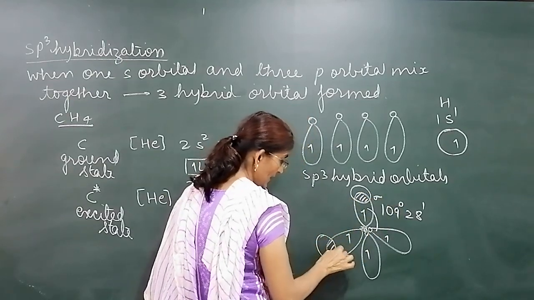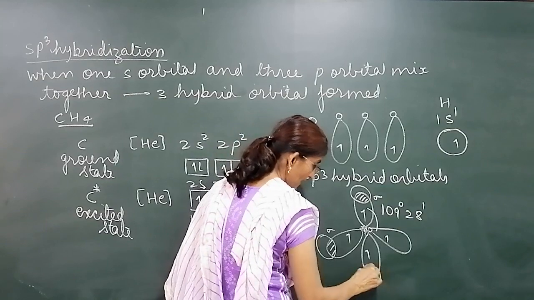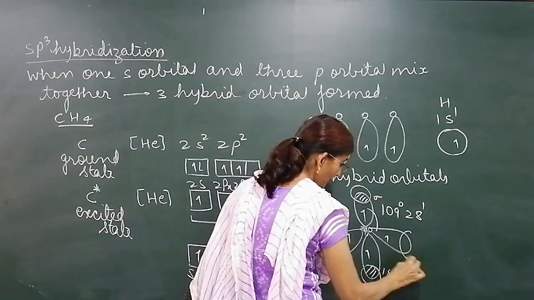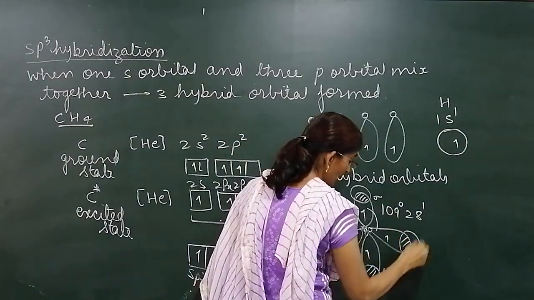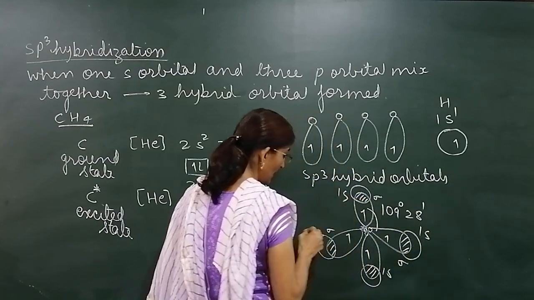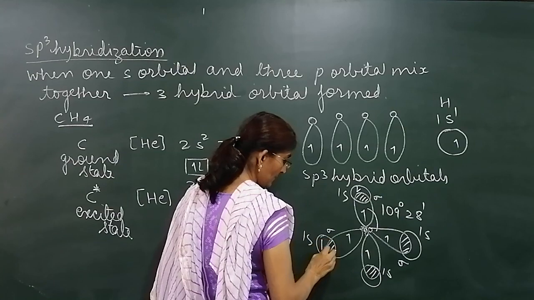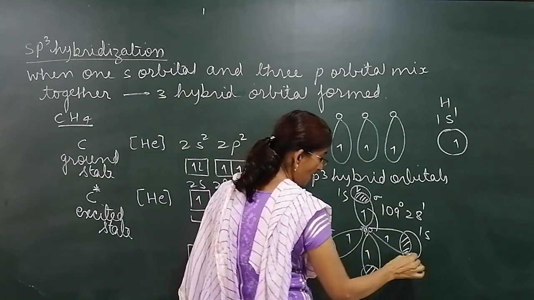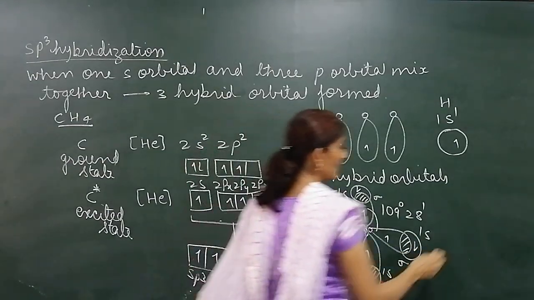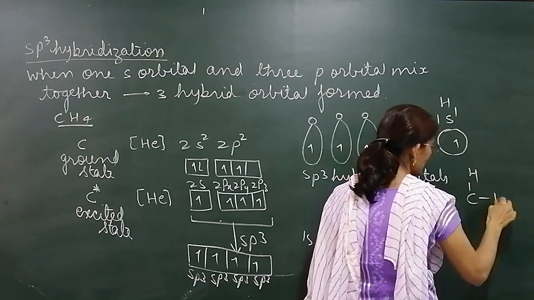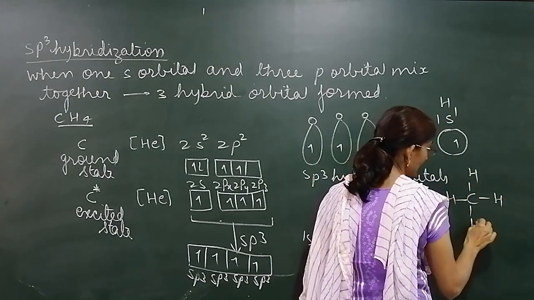Another hydrogen atom's 1s orbital overlaps, then the third, then the fourth. All 1s orbitals have an unpaired electron with opposite spin. They overlap and form sigma bonds. So in methane there are 4 sigma bonds and all are identical.